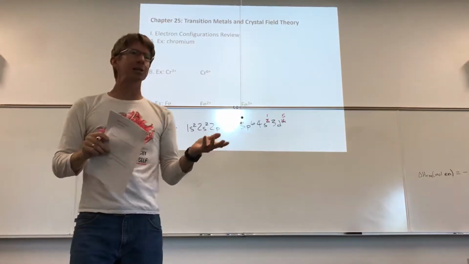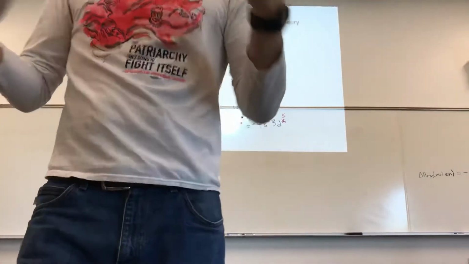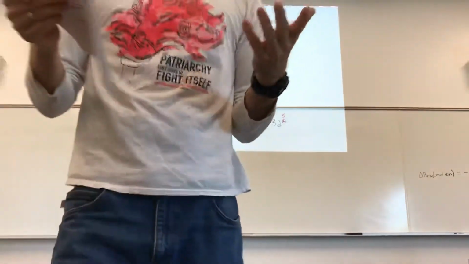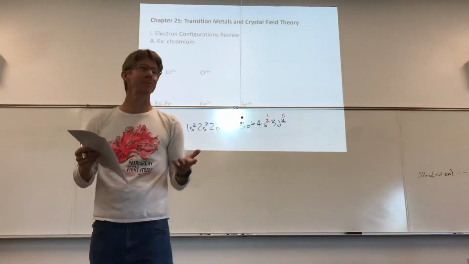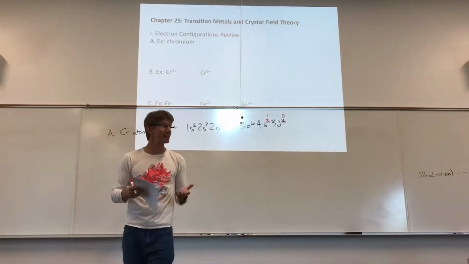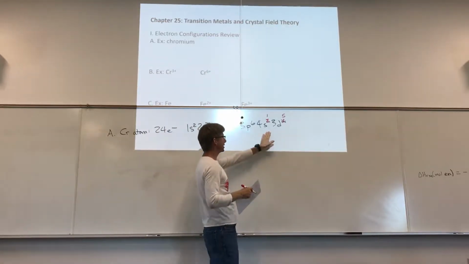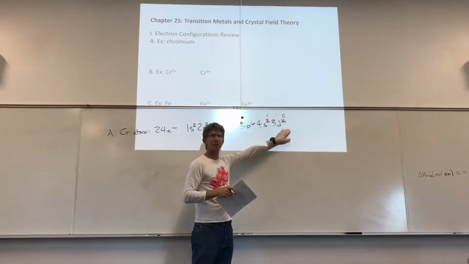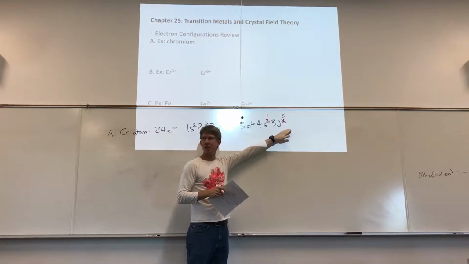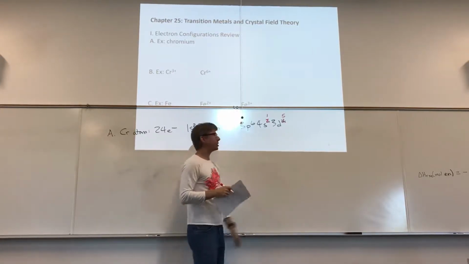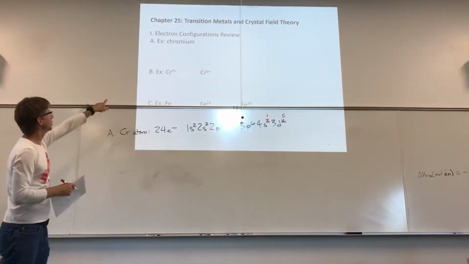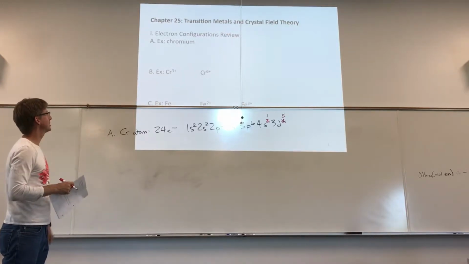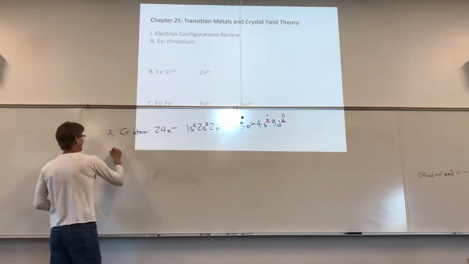Next question by way of review. 4s or 3d, which of those sublevels is really lower in energy? 3d is lower in energy. So this is according to the shape of the periodic table, but 3d is lower in energy. That will come into play when we do our Cr3+ and Cr6+.